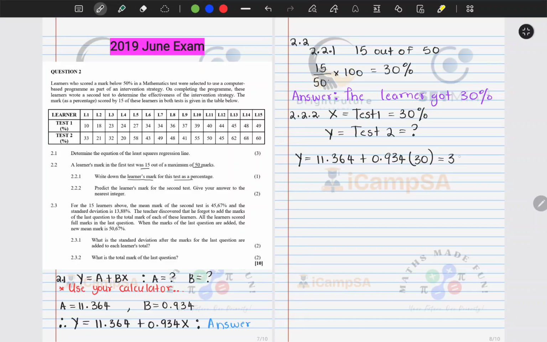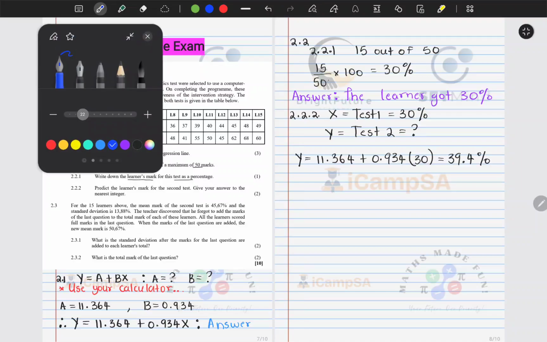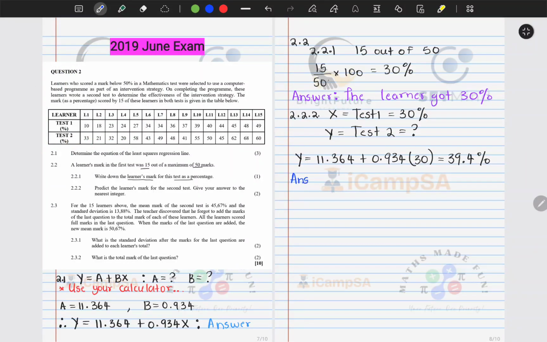And what I'm getting is 39.4. Okay, this will be in percent. So that is what the learner would have scored. So let's put up that as an answer.